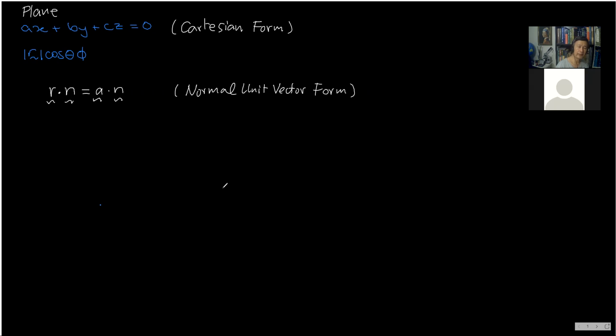Alternatively, if I don't use this form, I don't know if you have studied the vector form of this plane equation. Alternatively, you can use a vector difference on the plane. So you can use R, or you can use delta R if you wish, but we use this notation.